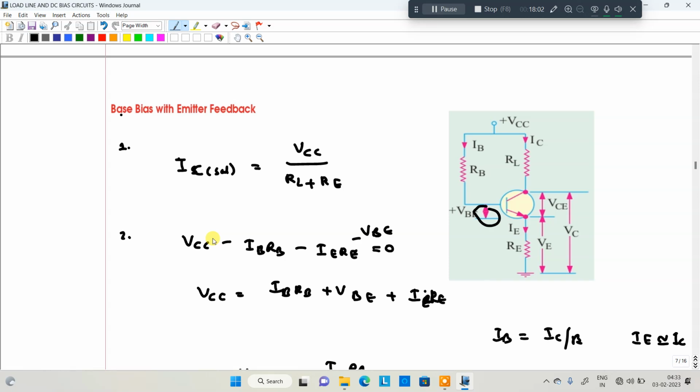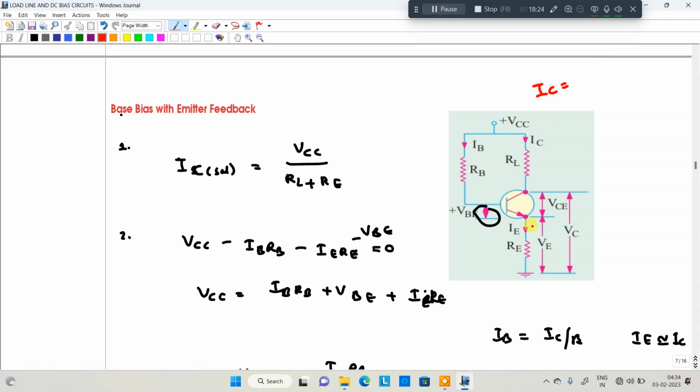I already gave you the beta rule to find the IC value directly. In the examination you don't need to remember all these things; you can directly write the formula.